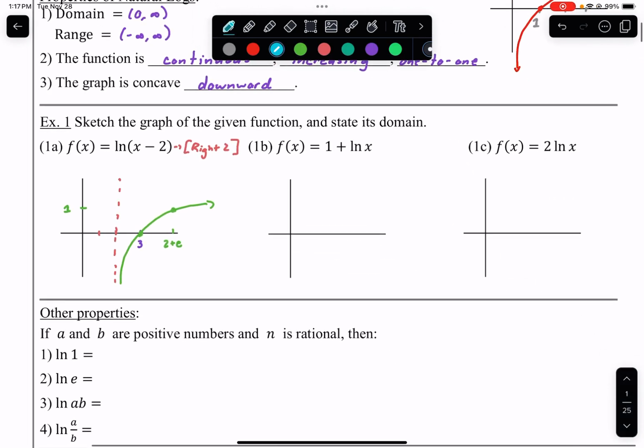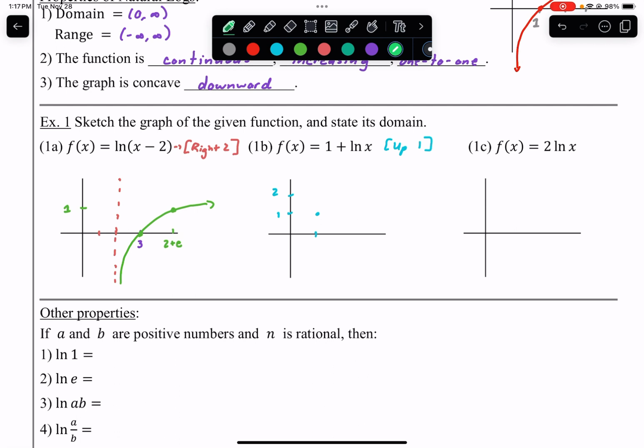Now let's look at the next one. This is the shift up. So we're going to be going up 1 unit. We still have the same vertical asymptote, but instead of going through the point (1, 0), we're going to go through the point (1, 1), like so.